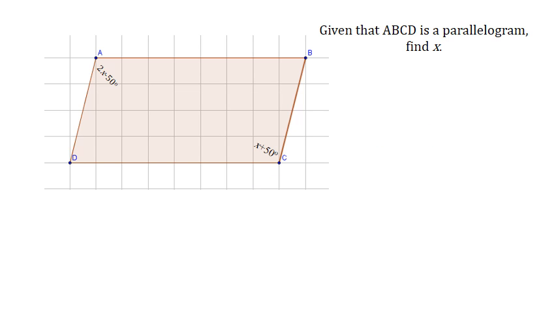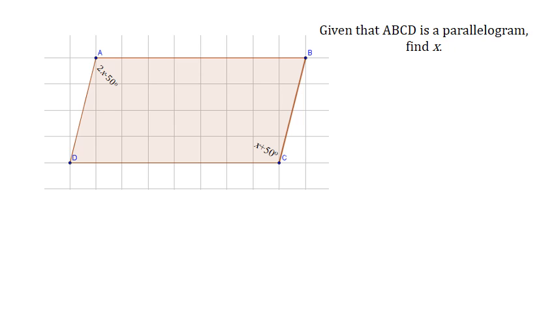Observe this figure. We have ABCD is a parallelogram and we want to find the value of x. We have angle A equal 2x minus 50 degrees and angle C equal x plus 50 degrees.